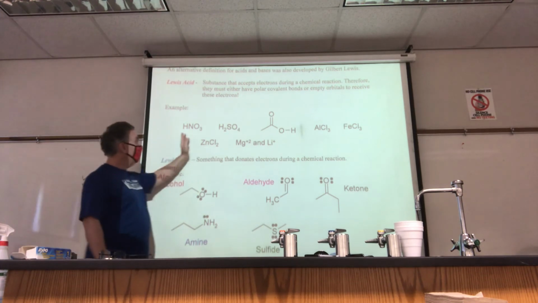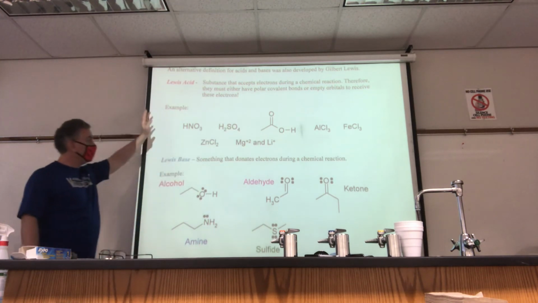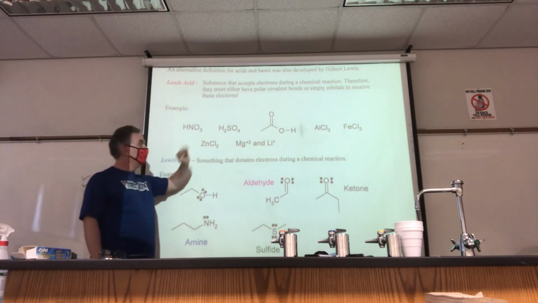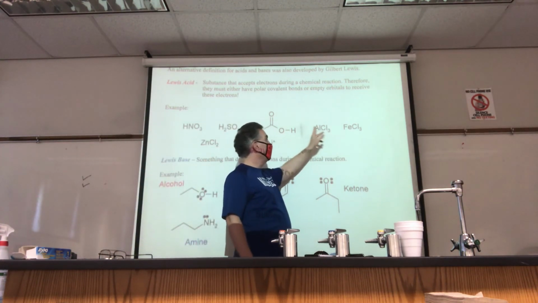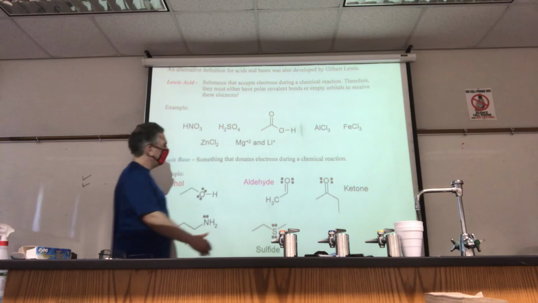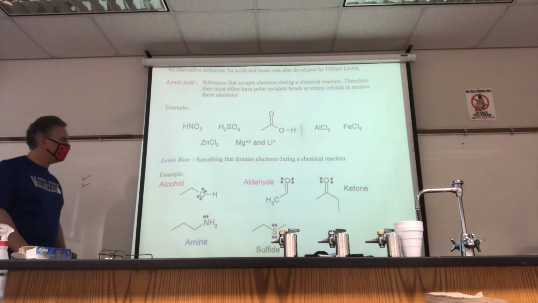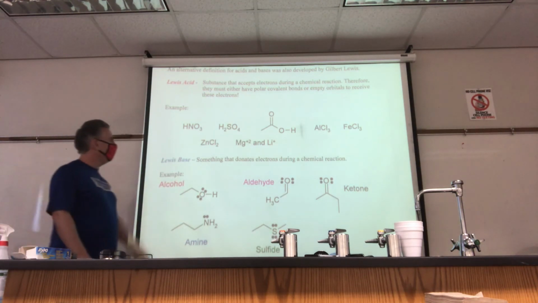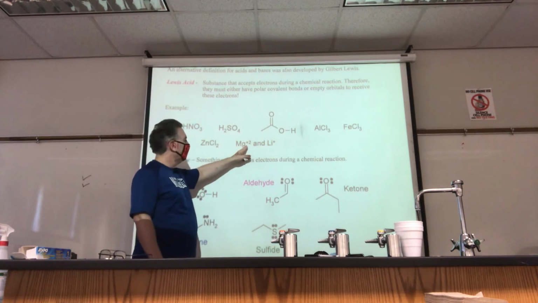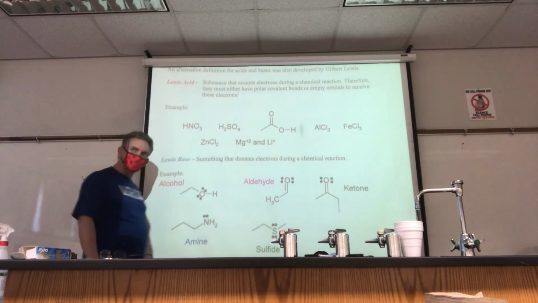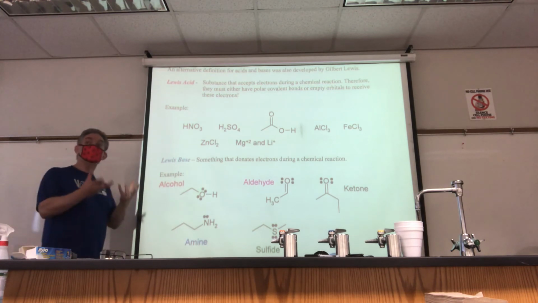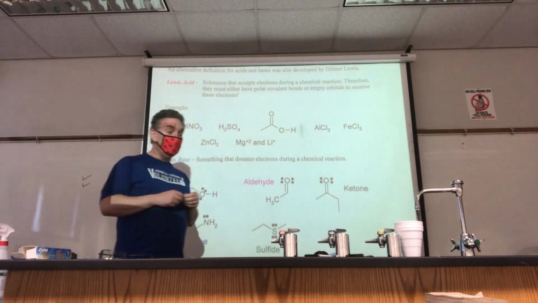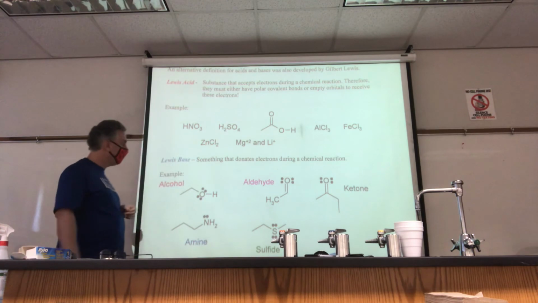So the common acids that we're seeing, like sulfuric acid, nitric acid, zinc chloride is another one, Lewis acid catalysts like aluminium chloride and iron chloride, also commonly used acetic acid, magnesium, lithium, other group 1 metals, a good example, because over the course of the reaction they can accept electrons, and they're therefore acting as a Lewis acid.